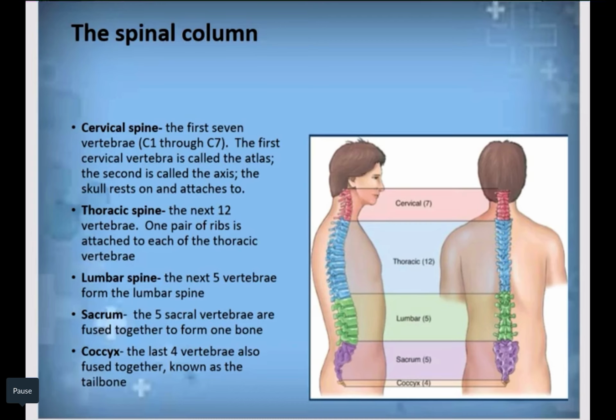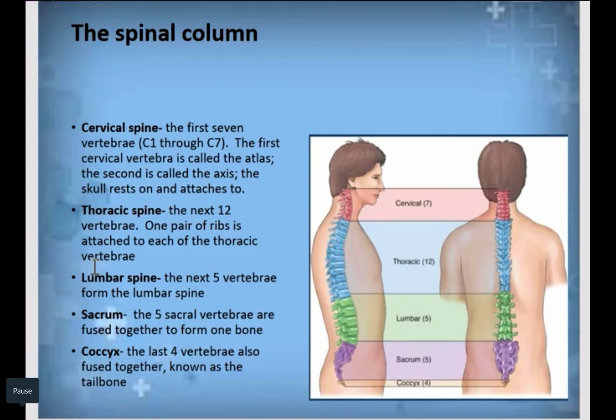Knowing the different parts of the spinal column. We have 7 cervical vertebrae, C1 through C7, up here in the neck. Then we have 12 in the thoracic, which starts at the bottom of the neck and comes through the mid-chest. And as we move down into the back, we have 5 lumbar, 5 sacrum, and then 4 coccyx, which are also all fused together, often referred to as the tailbone.